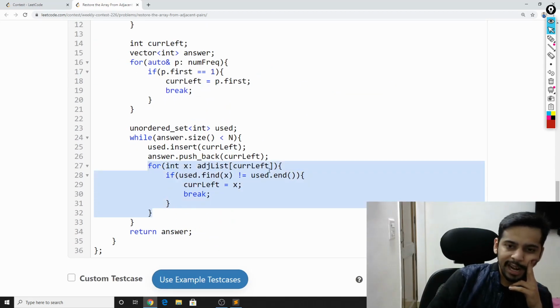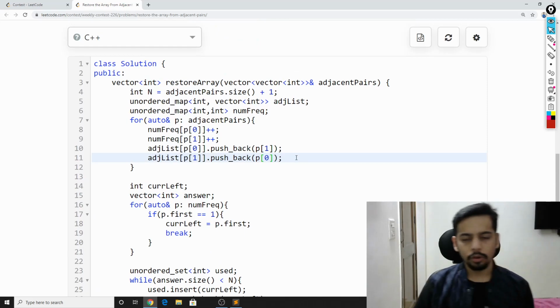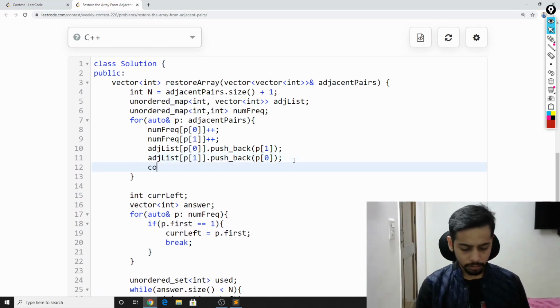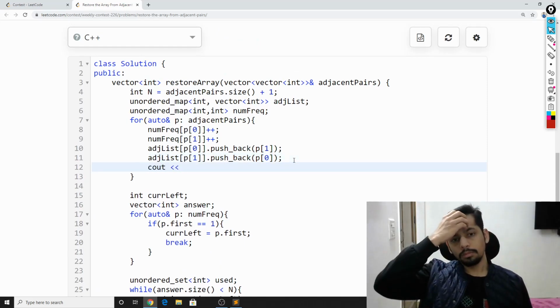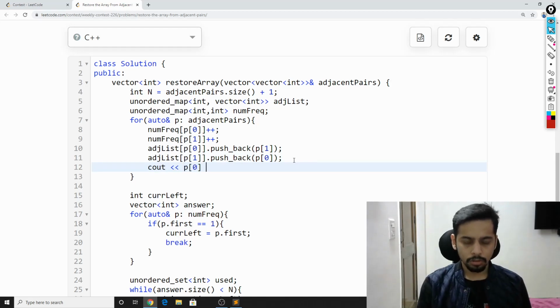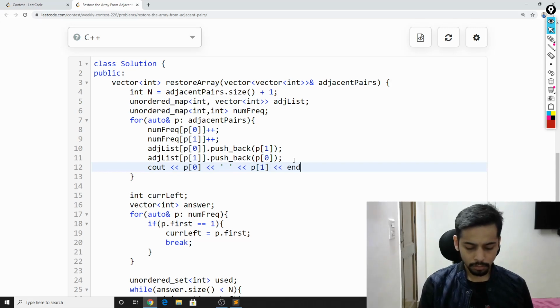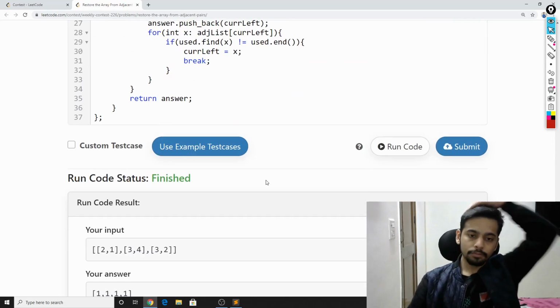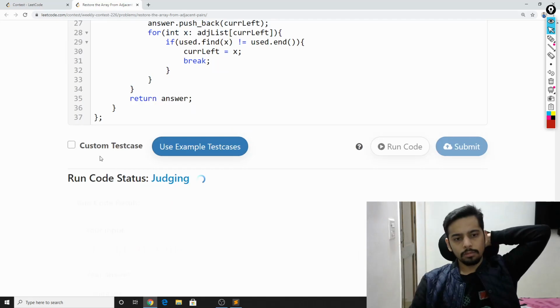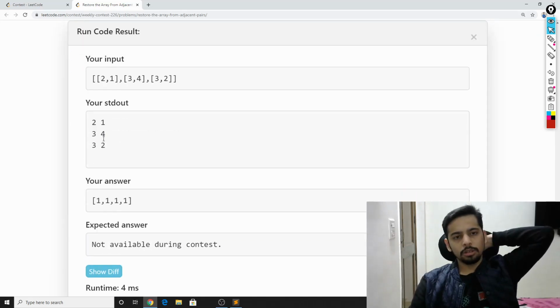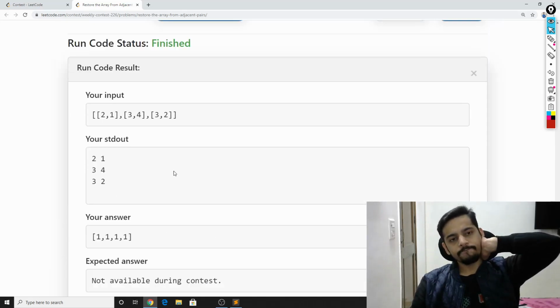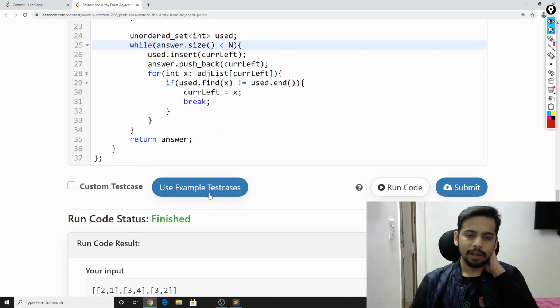I guess this loop isn't running at all. So for debugging purposes, I'll do this. Let me say cout p0. So 213432. This is right. But what I'm guessing is that this loop never ran.